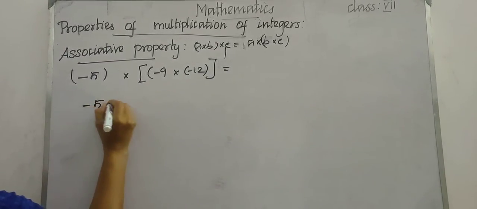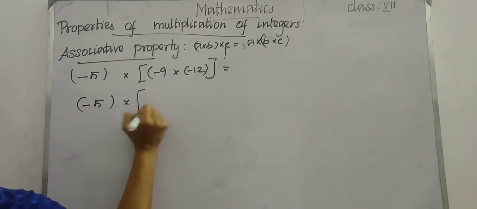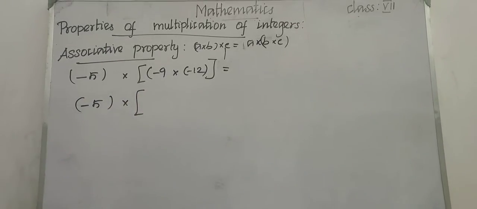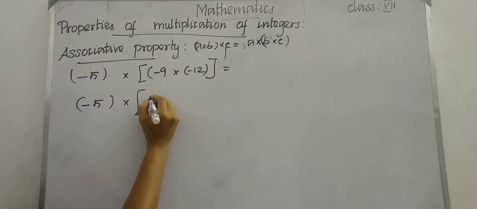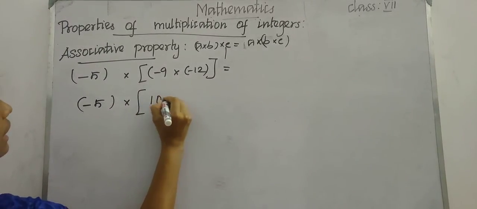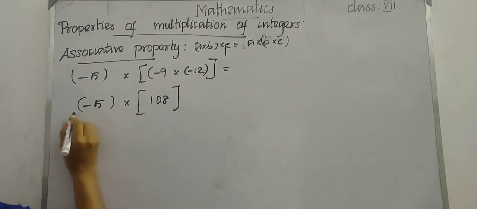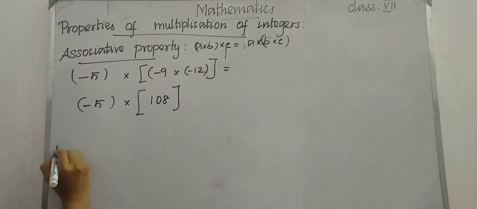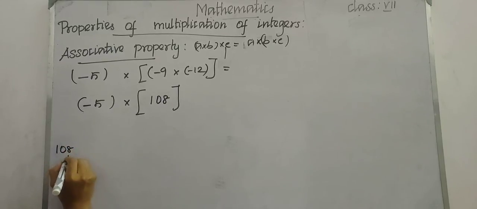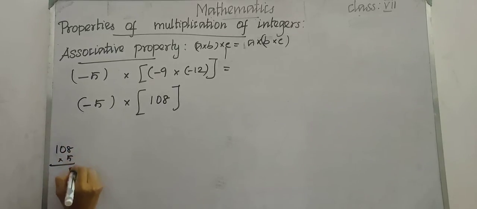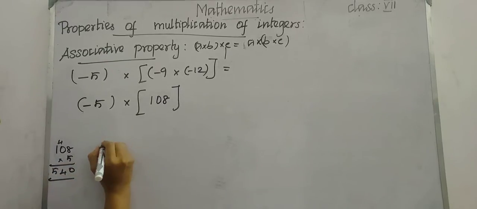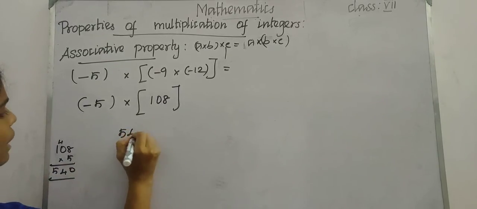Minus 5, just keep this. So 9 12s are 108. So minus into minus, we will get plus. So minus 5 into 108, what will you get? Multiply and write 108 into 5. 8 5s are 40, 1 5 is 5. So we will get the answer as 540.